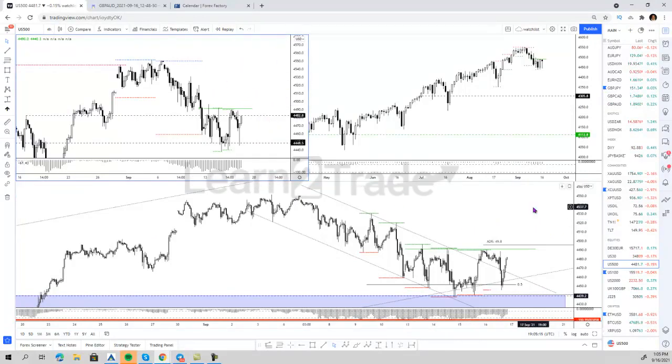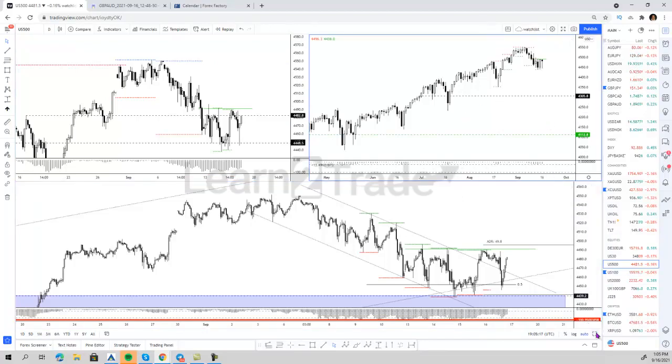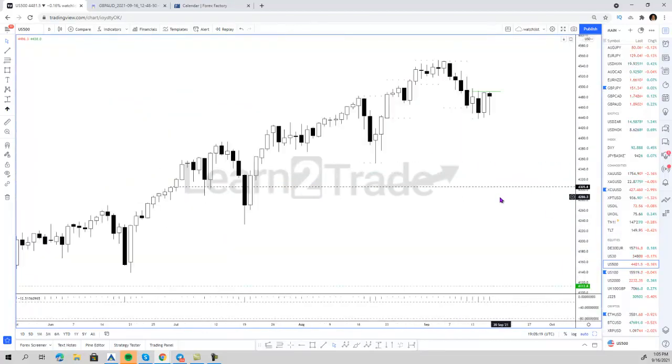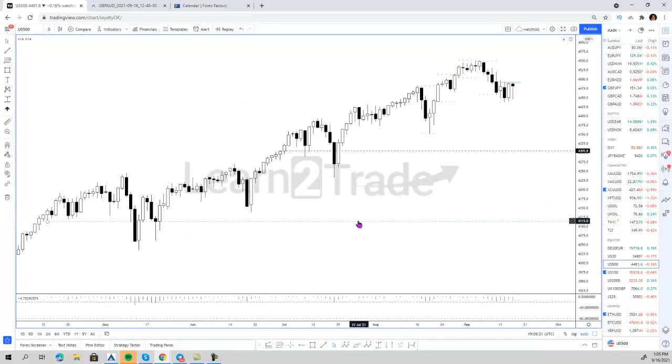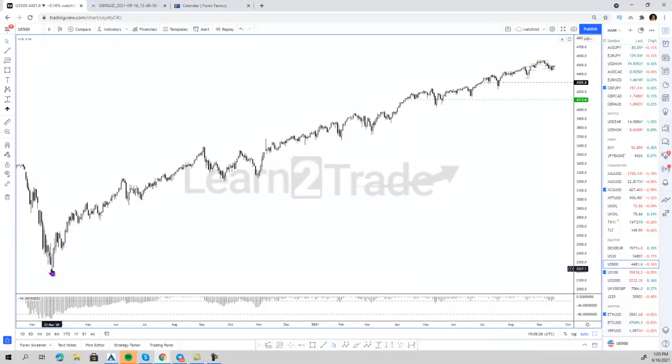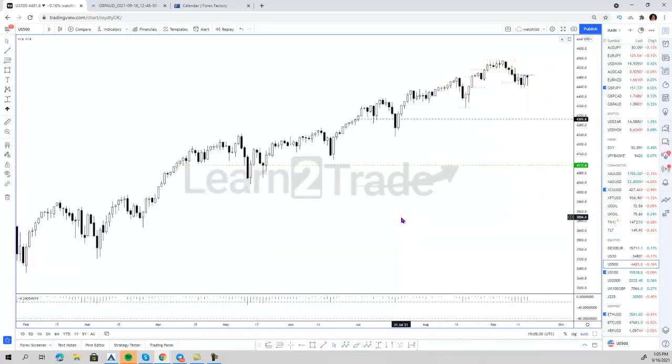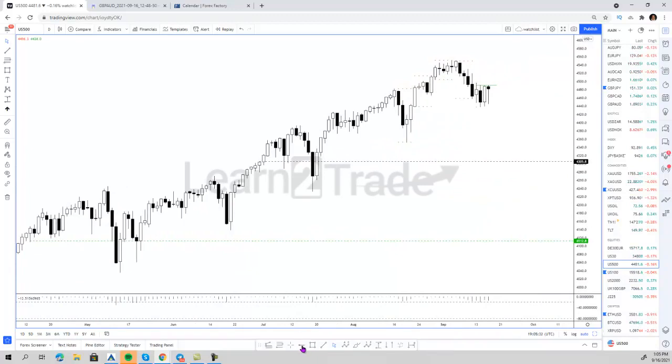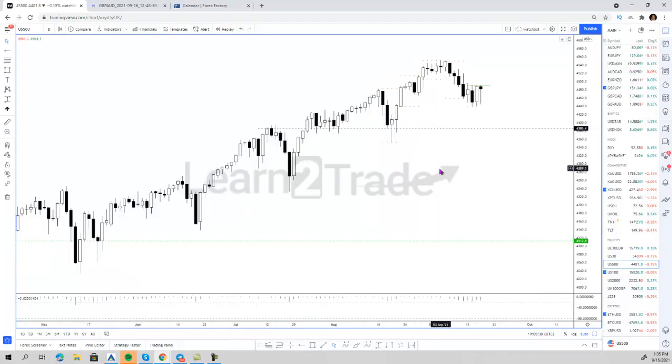So let's have a look at the daily very fast. And well, the daily is extremely bullish since the lows around March 20th, 2020. Sorry. And right now, as you can see, the S&P 500 has been respecting these breakout levels over and over and over.